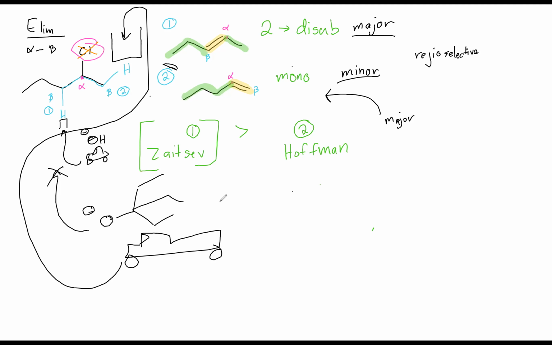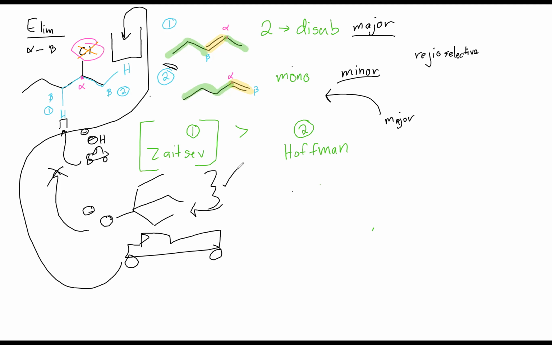This base is sterically hindered. It's big and bulky, it's sterically hindered. One more thing that we should talk about here is this is a strong base. And usually strong bases are also strong nucleophiles. I'll get back to the regioselective portion in just a second. I just want to finish this idea.